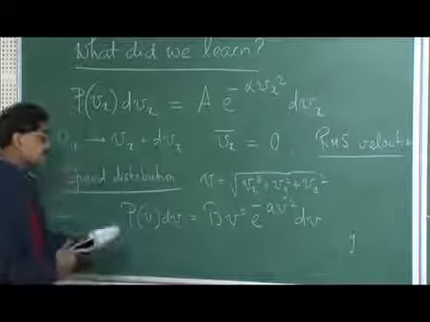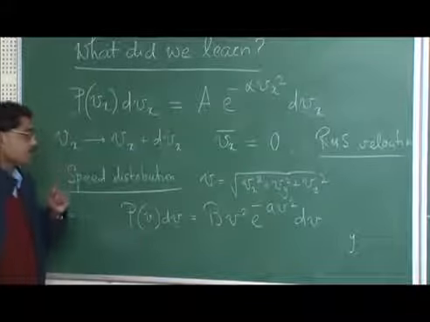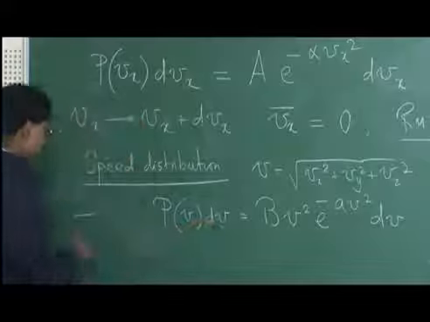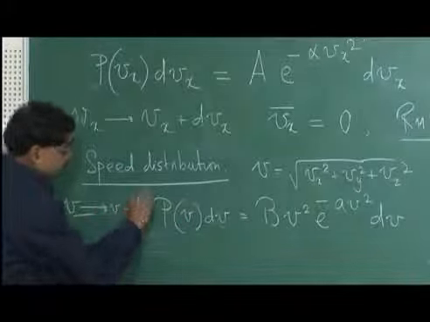So, this asks the question, what is the probability that the speed of a molecule lies between V to V plus dV.